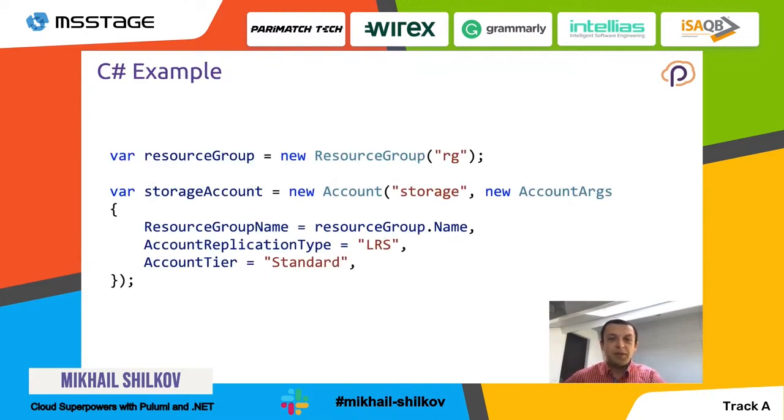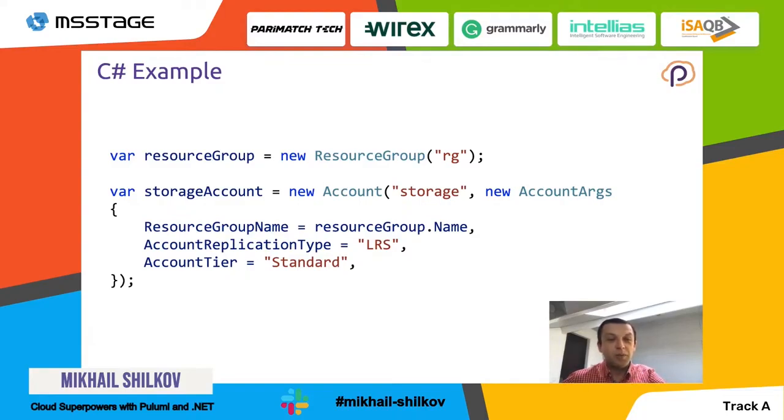So that's the first example of a Pulumi program in C#, or rather a snippet, not a full program, where we create 2 resources. The first one is a resource group, and you can see that that's just an instantiation of a class, so creating a new object, giving it a name. That's the definition of a resource. And then the second one is a storage account. It gets a bunch of properties, and one of the properties is resource group name, which uses the name of a variable resource group and then takes a name property from it.